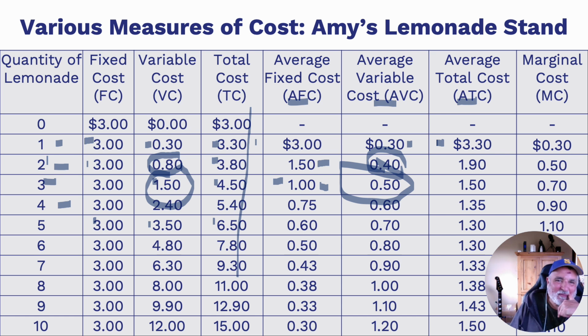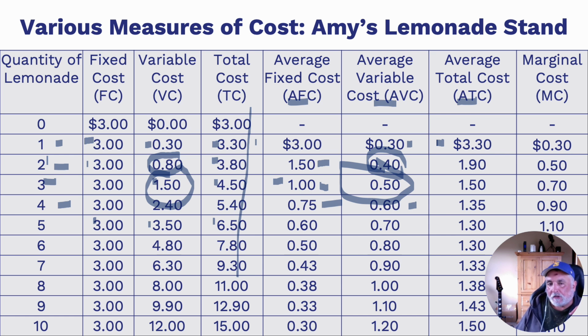There are a couple ways to calculate this, and I think it depends on how your brain works. Some students find it easier to add this plus this. You still have to calculate what this is because you have to say, okay, I have a fixed cost of $3 divided by 3 units, so my average fixed cost is $1. Same here, $1.50 of variable cost divided by 3 units, so I have an average variable cost of 50 cents.